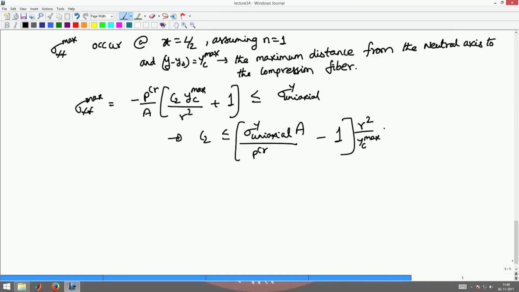Now, let us next see what value of n I should assume. Next is what is the value of n to be taken. Here I have taken n as 1. Why did I take n as 1? Now, this depends upon what is the mode of deformation that is possible for the structure.